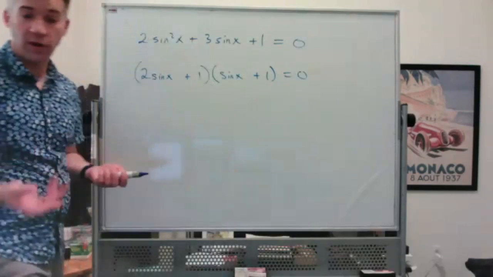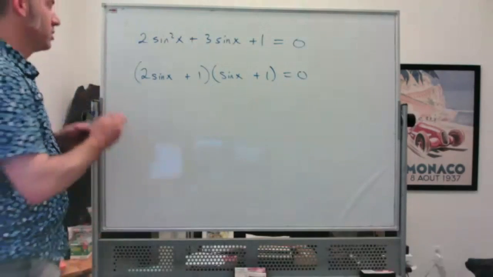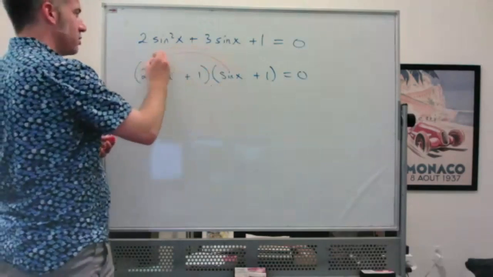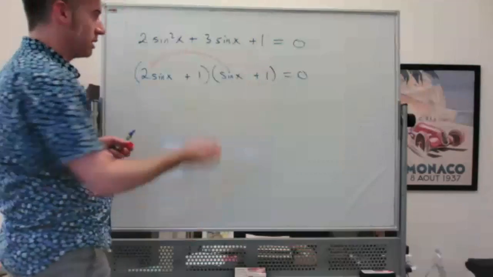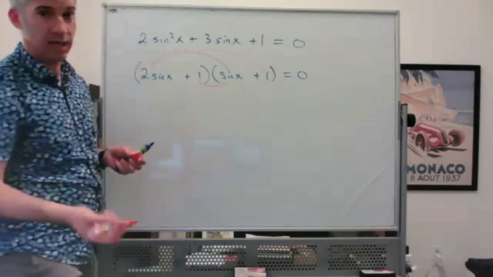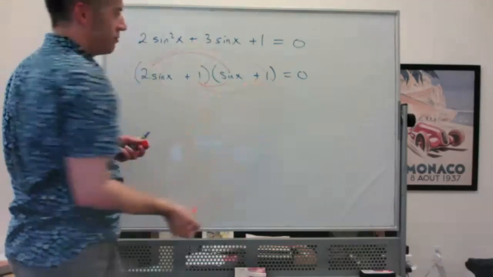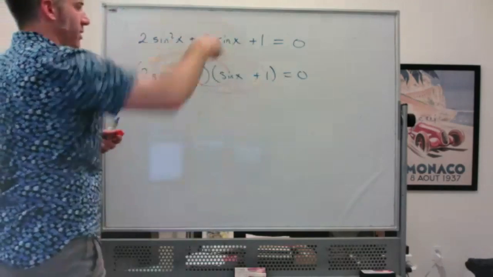And if you were to FOIL this out, you get 2 sine times sine, which is 2 sine squared. 2 sine times 1, which is 2 sine. Sine times 1, which is another sine, and 2 sine plus sine is 3 sine. And then 1 times 1.